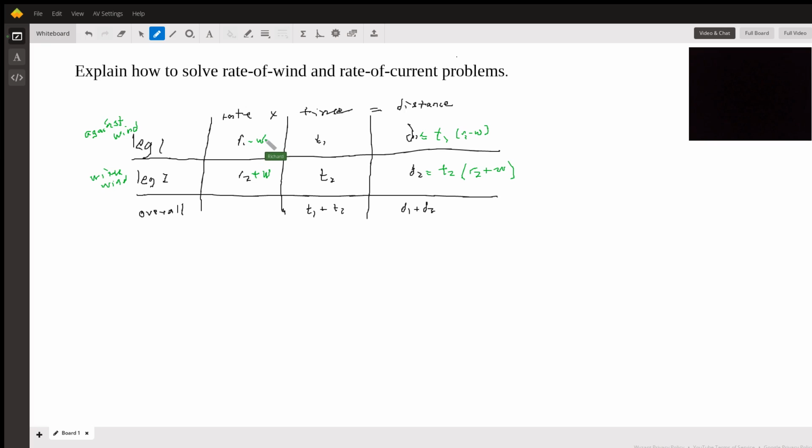If it's an airplane that's turned around, maybe it's set to fly at a certain speed into the wind and with the wind. So these are not necessarily different, and the times are not necessarily different.